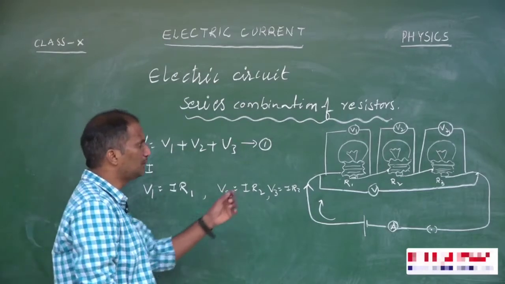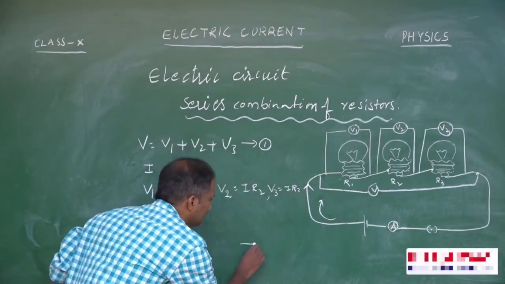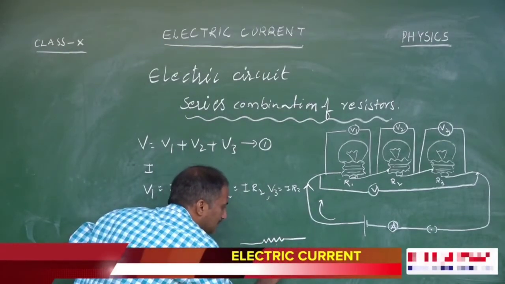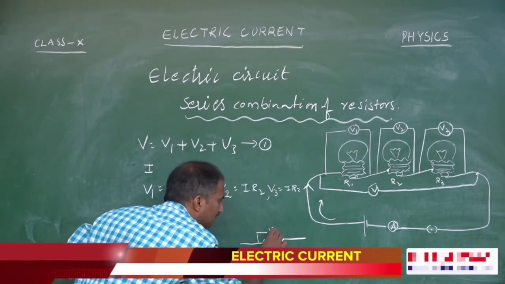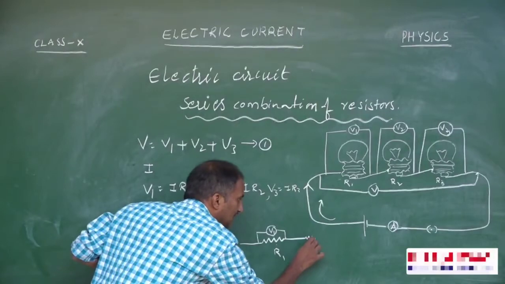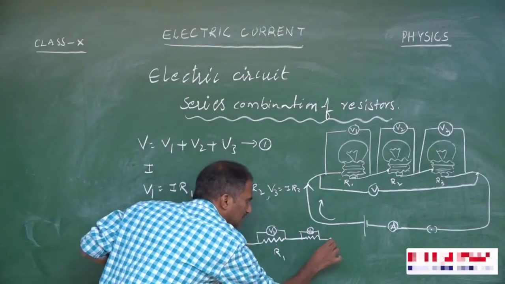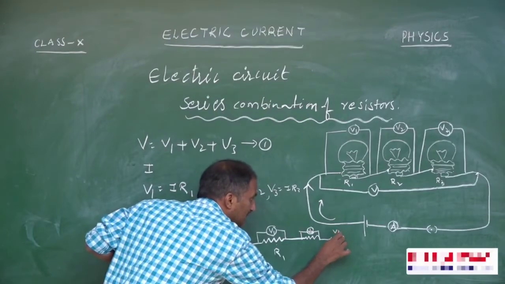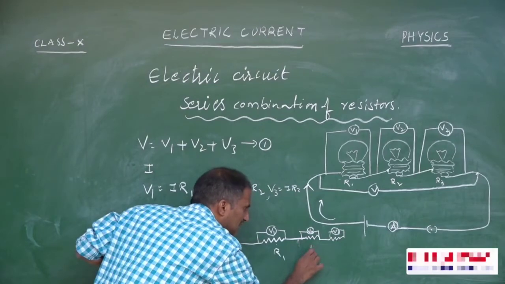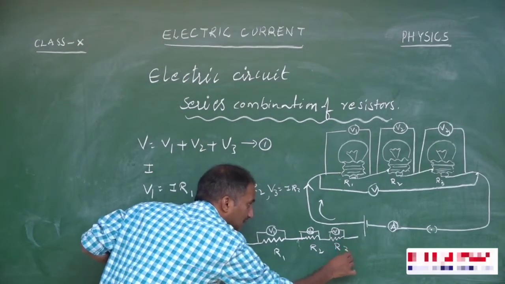Now we are going to show the resistors in a systematic manner like this. This is the resistance of the first bulb R1, and the potential difference across the two ends of the filament of the bulb is V1. Now the second one is V2, and the third one is V3. The resistance at this point is R2, and the resistance offered by the third bulb is R3.